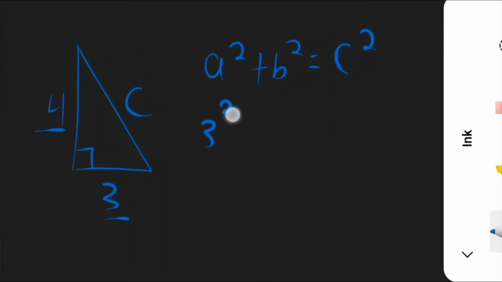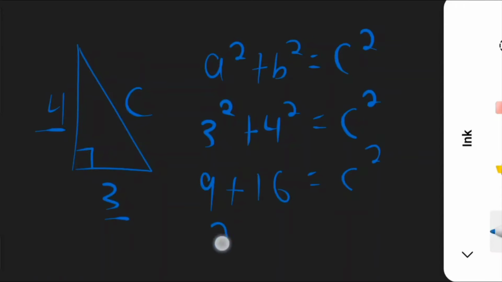So 3 squared plus 4 squared equals c squared. We know 3 squared is 9 plus 16 equals c squared. So 25 equals c squared. So we take the square root of both sides, and we find that c, or the hypotenuse for this right triangle, is equal to 5.